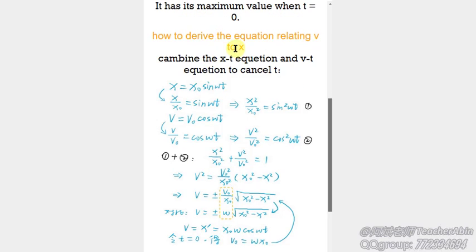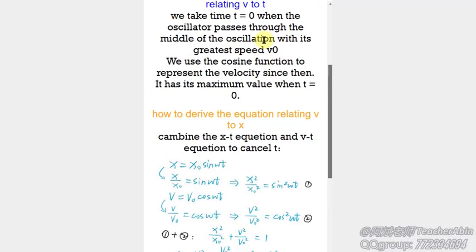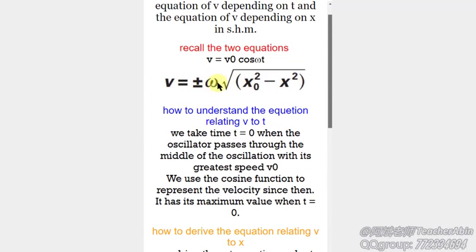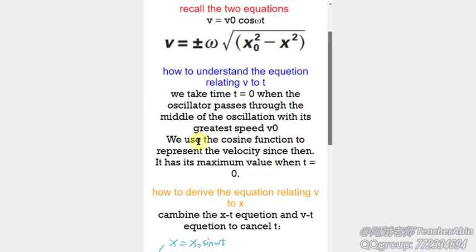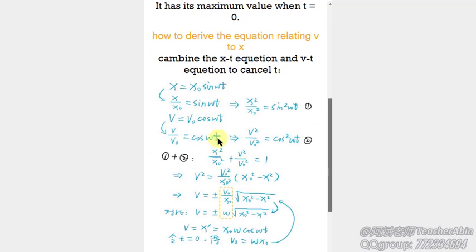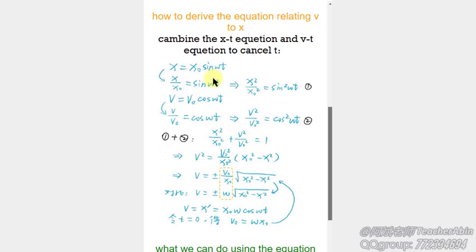To derive the v-x equation, which is this equation. Generally speaking, the routine to get this equation is to combine the x-t equation and the v-t equation to cancel t. If we get into more details: we have the x-t equation as x equals x sub 0 times sine omega t.